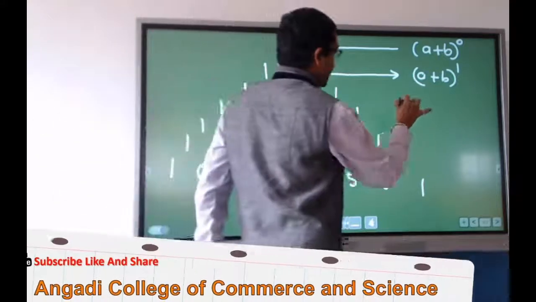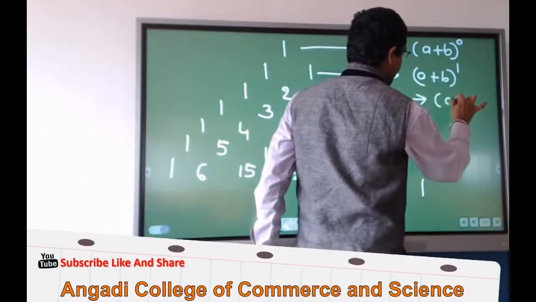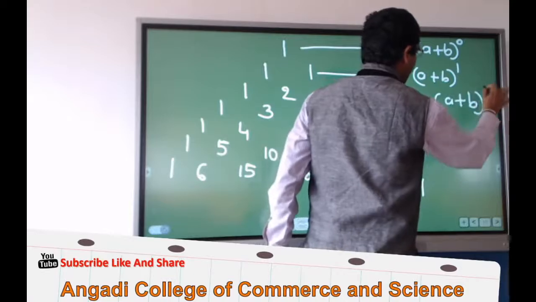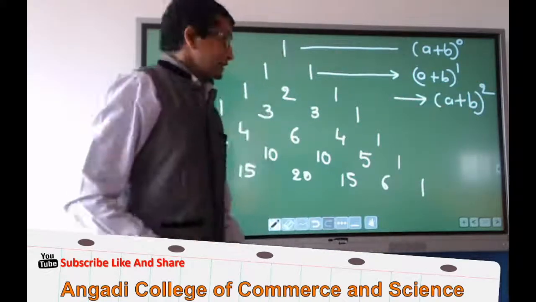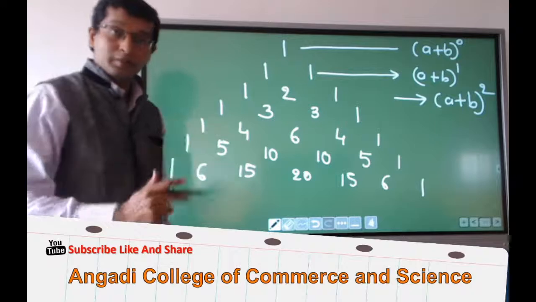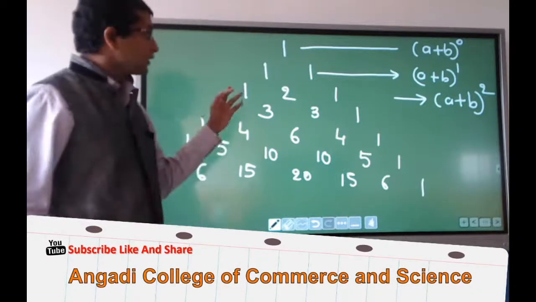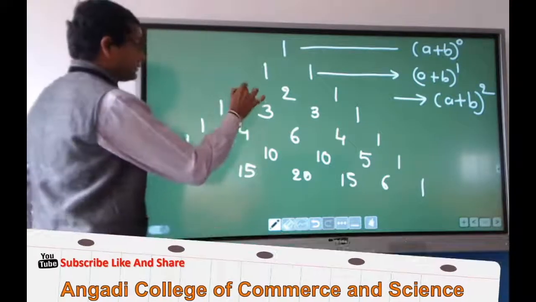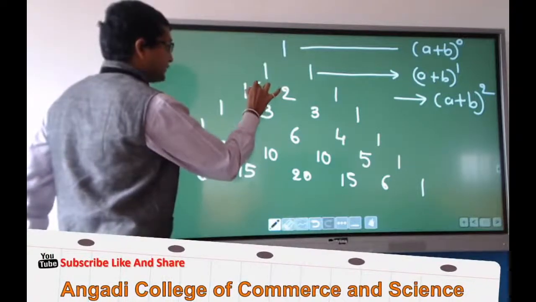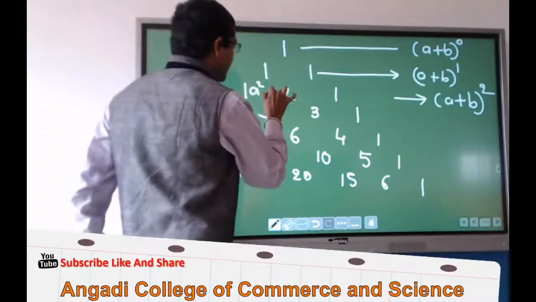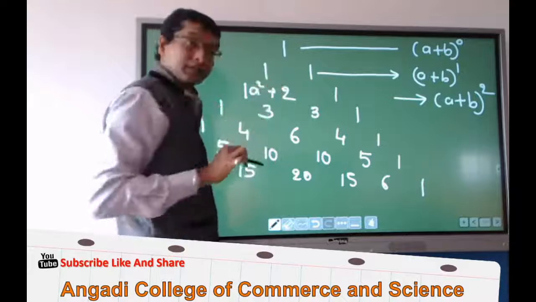Next, we have (a plus b) whole square. Yes, (a plus b) whole square is, we have a square, here I write a square, then I write plus here.